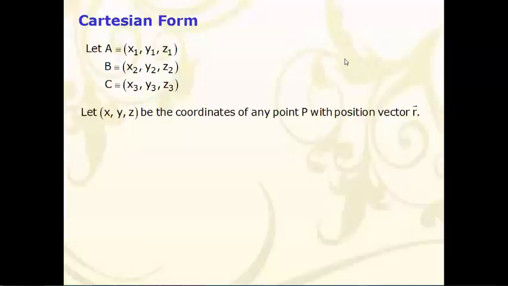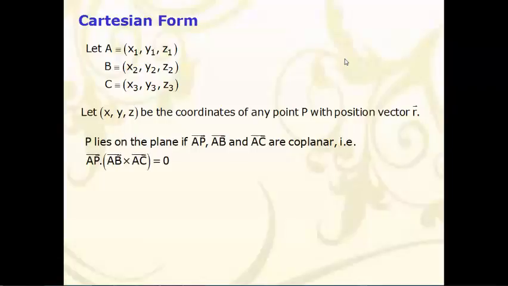Let us try to derive the equation of the plane in Cartesian form. Let the coordinates of A be x1, y1, z1, of B be x2, y2, z2, and of the point C be x3, y3, z3. Let x, y and z be the coordinates of any point P with position vector r on the plane.